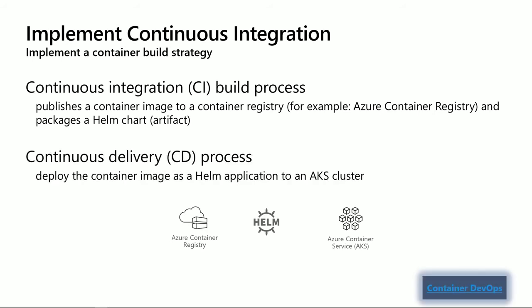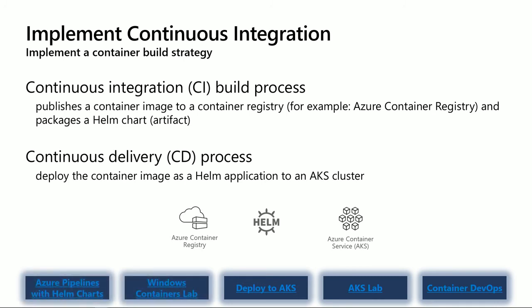So another thing to pay attention to is, for the CI process, where this whole model fits in is, you typically will build your container image in the build pipeline, and you will push the container image up into the Azure repository, right, into the container repository.